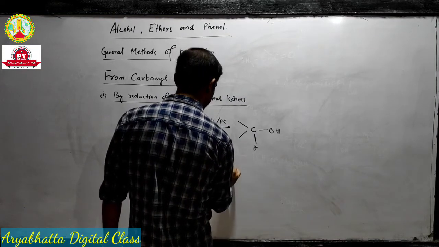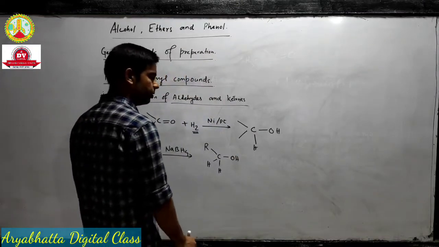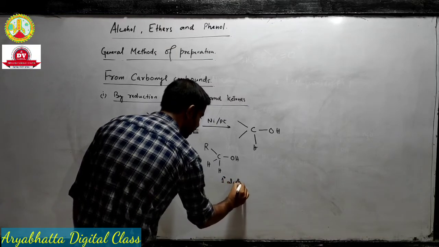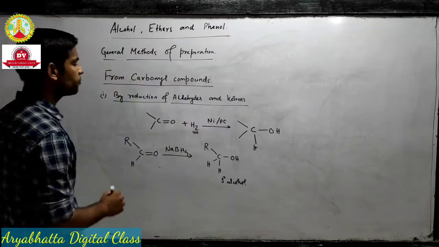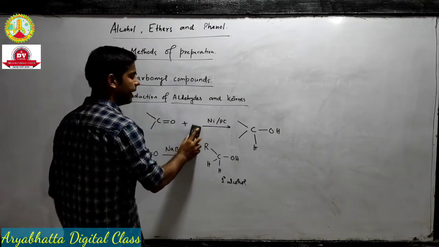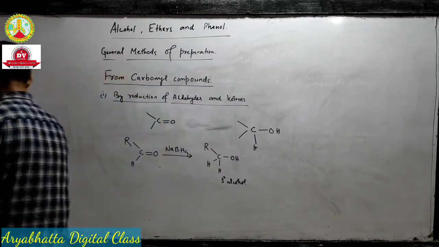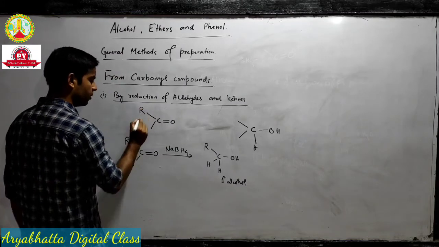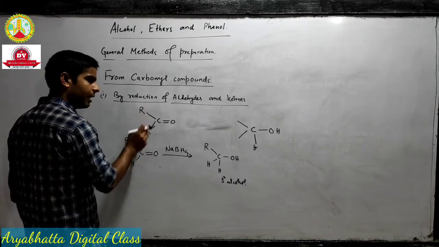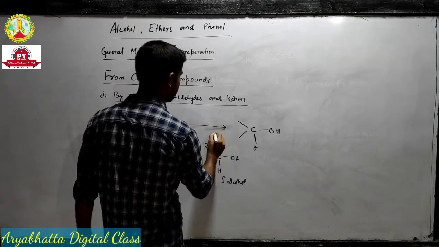One hydrogen will be added to carbon and one hydrogen will be added to the oxygen, and you will see that it is a 1 degree alcohol. And if instead of taking aldehyde, we take a ketone, both the R alkyl parts can be the same or different, it doesn't matter, the reaction will take place anyway.